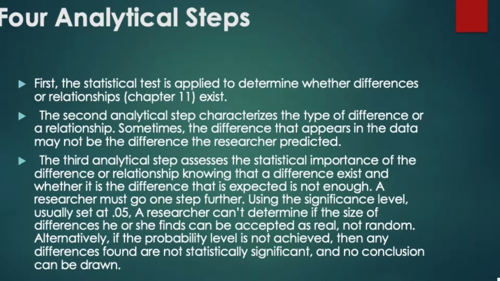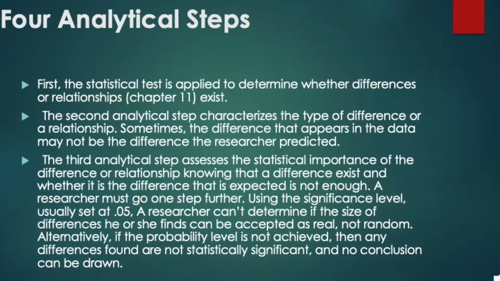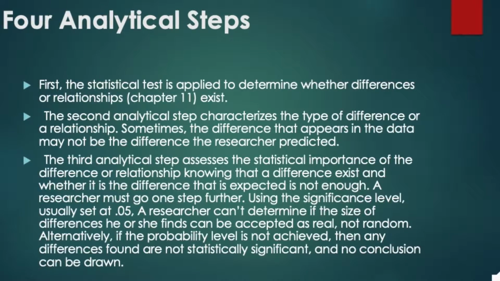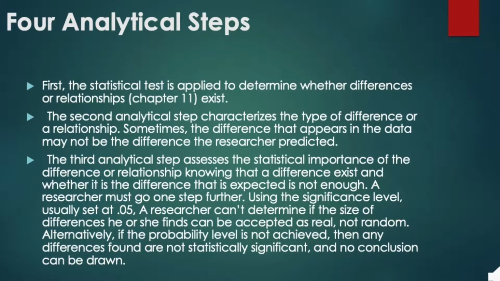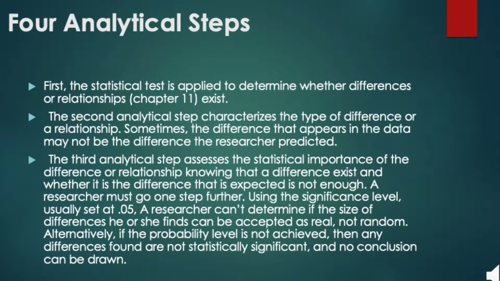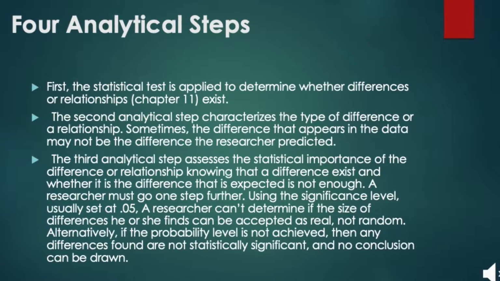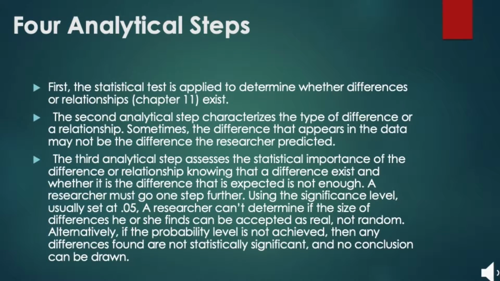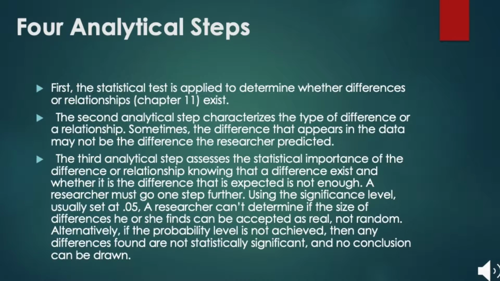The second analytic step characterizes the type of difference or relationship. Sometimes the difference that appears in the data may not be the difference the researcher predicted. The third analytical step assesses the statistical significance of the difference or relationship. Knowing that a difference exists and whether it is the difference that is expected is not enough.